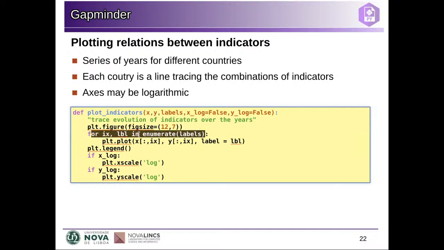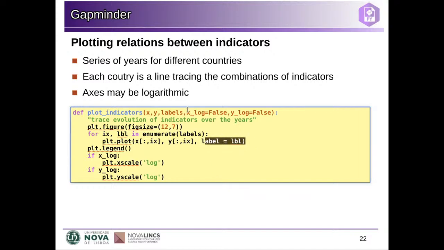So now we're going to go through all these labels and their corresponding positions. The index is 0, 1, 2, and so on until the end. And we're going to plot the indicator that we want on the x value for that particular country over all the years that we have, and correspondingly the indicator we want on the y value for all these years, and we're going to label it with the name of the country.